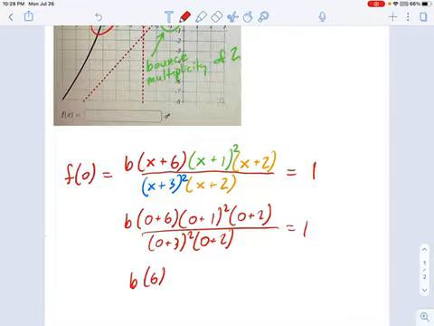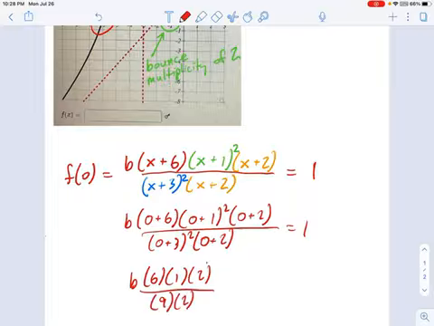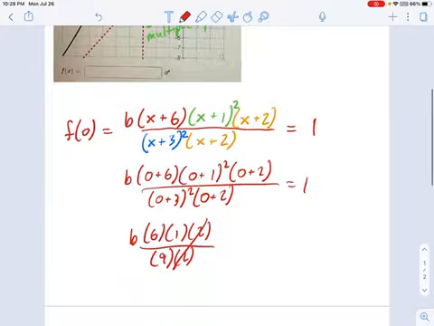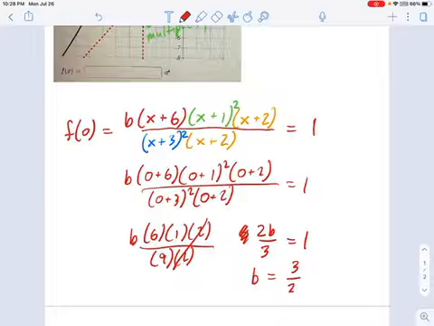B times 6 times 1 times 2 over 9 times 2. So the 2's cancel out, and I'm going to simplify this fraction a little bit. You don't need to, but I'm going to call this 2b over 3 equals 1. So we rearrange that a little bit, and we get b equals 3 over 2. Right? I multiply both sides by 3, divide them by 2.